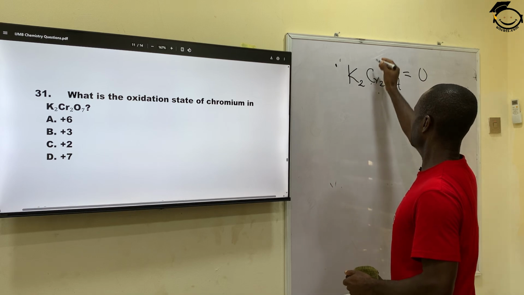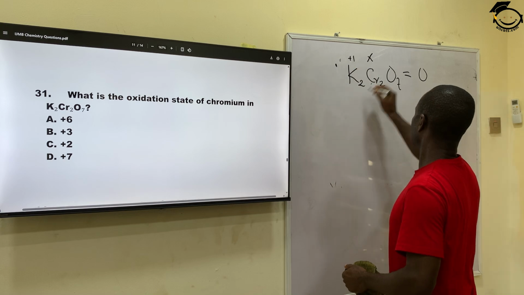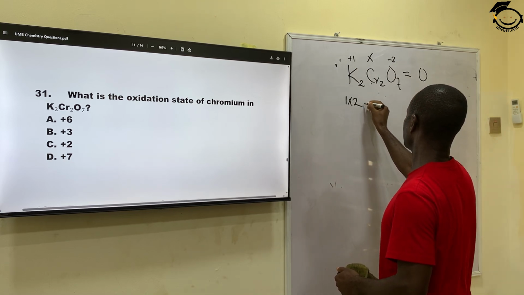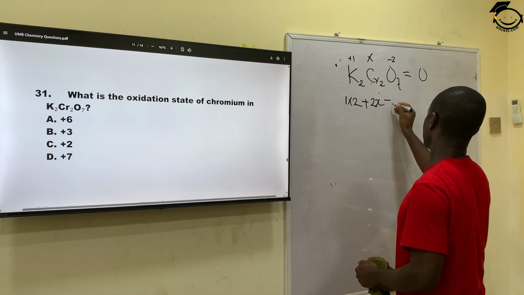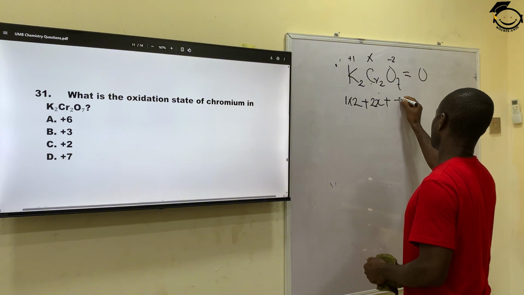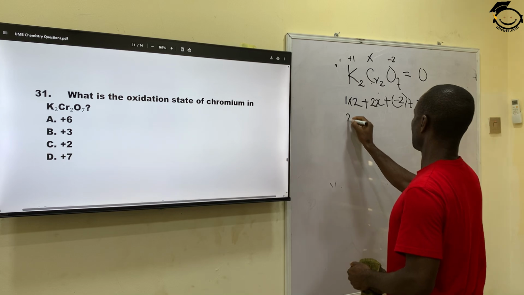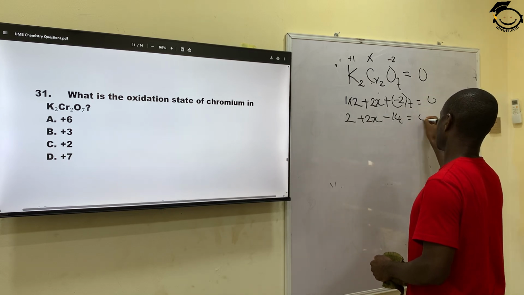We are looking for the oxidation state of the base, which is X, and potassium has +1. Oxygen has -2. So we have 1 times 2 for potassium, plus 2X, plus oxygen, which is -2 times 7. Everything equals 0. So we have 2 plus 2X minus 14 equals 0.